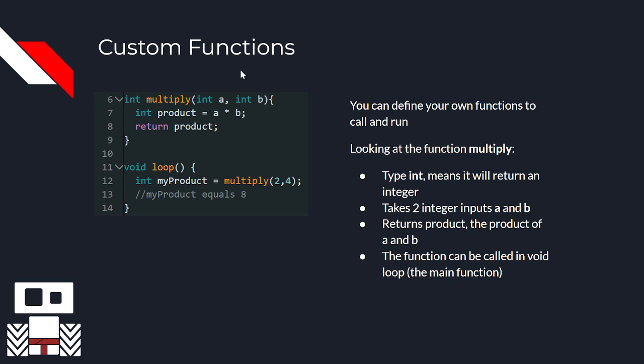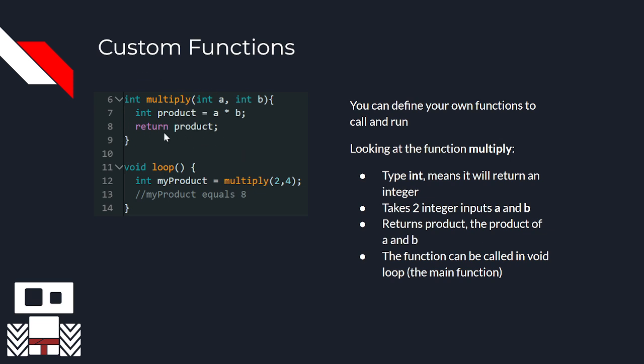You can also make custom functions, which can make your overall code simpler. Here we just did an example with multiplication, but let's say you have a very complex algorithm or formula.